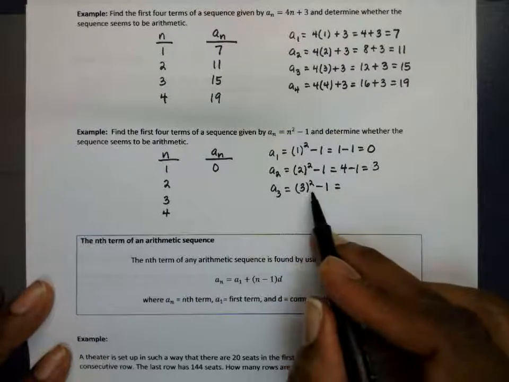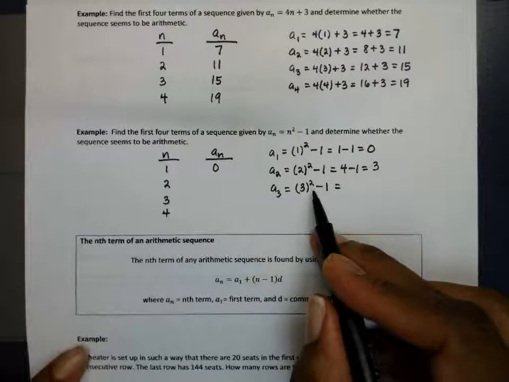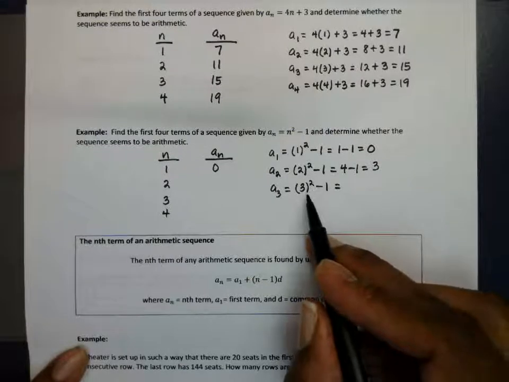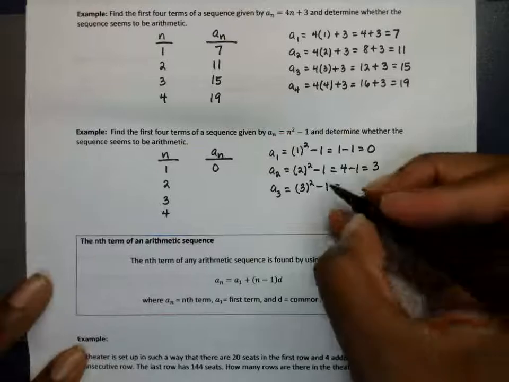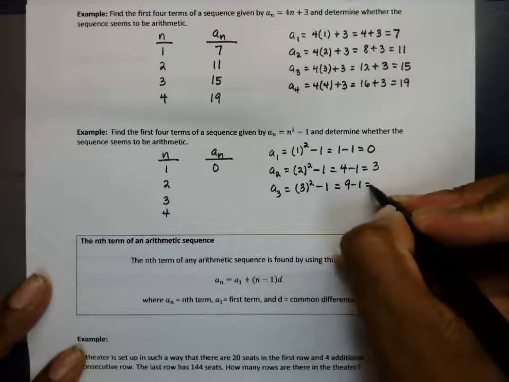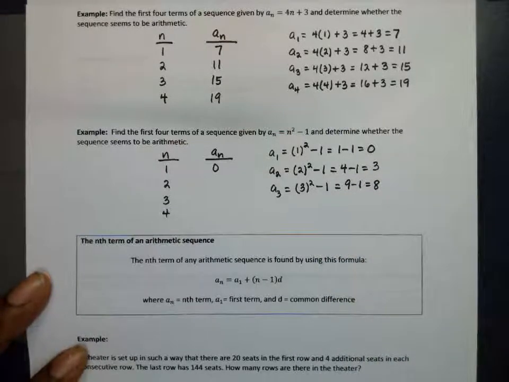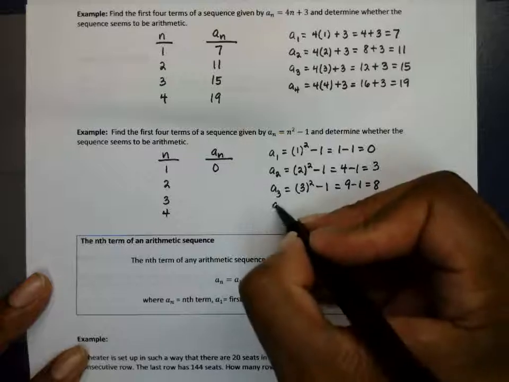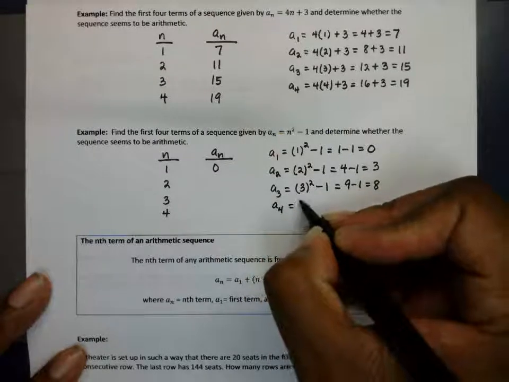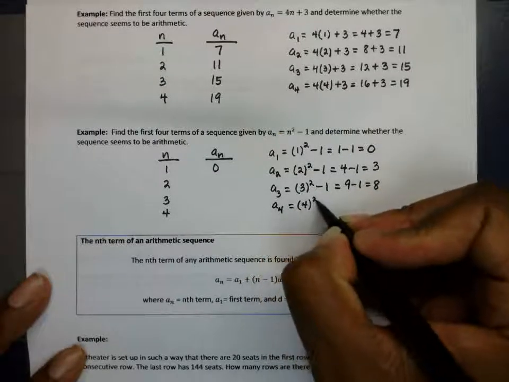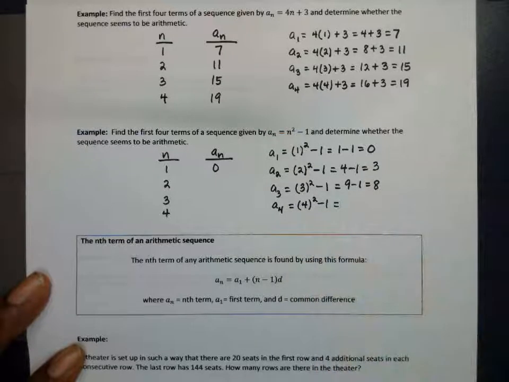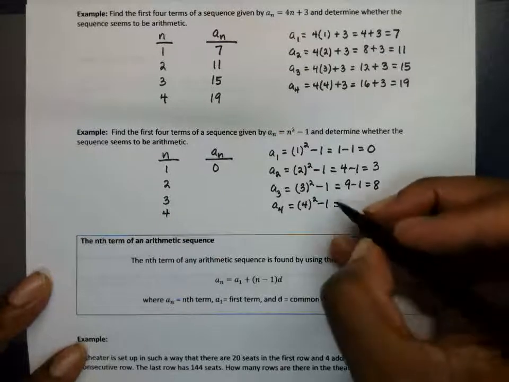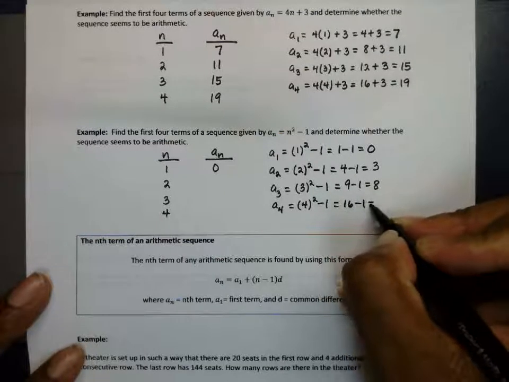Now 3 squared means 3 times 3, which is 9. 9 minus the 1 is 8. And then for n is 4, that means a sub 4 would be 4 squared minus 1. 4 squared is 16, because 4 squared is 4 times 4, which is 16. 16 minus 1 is 15.